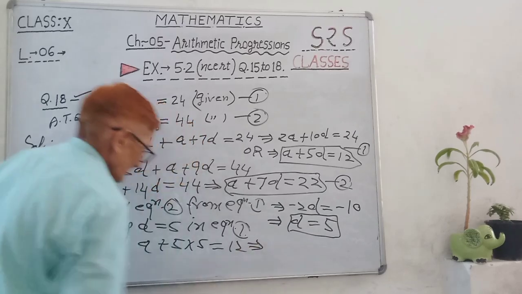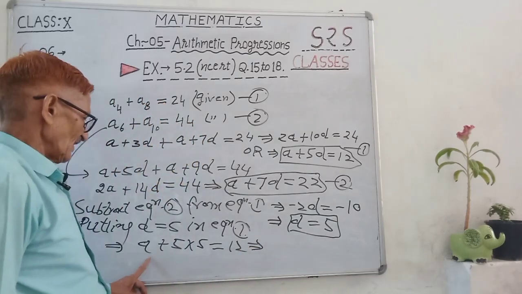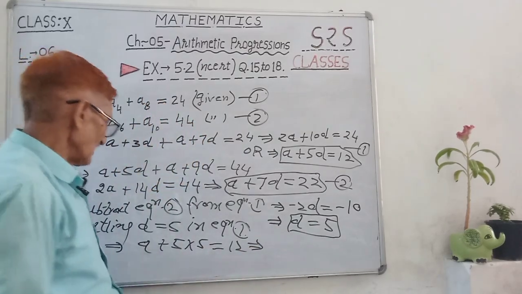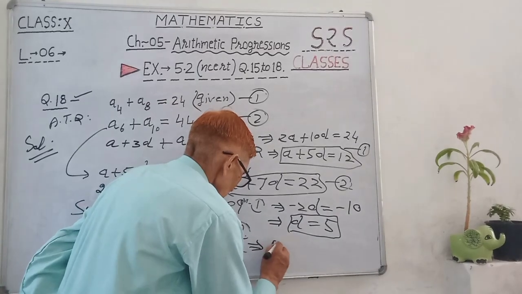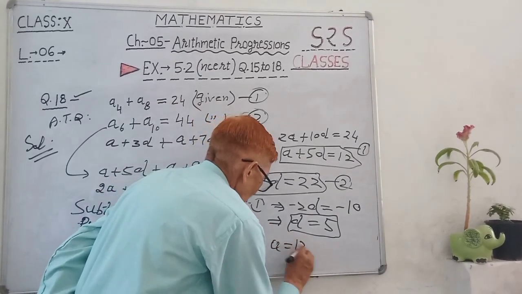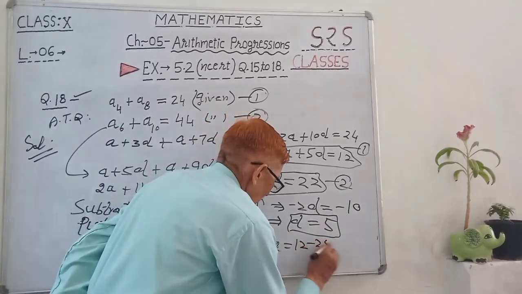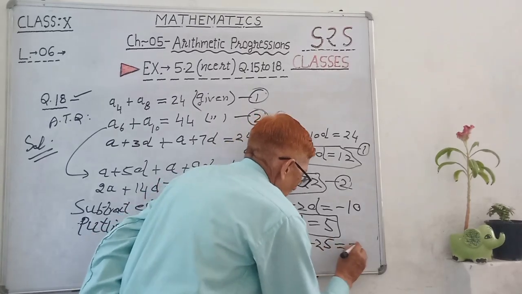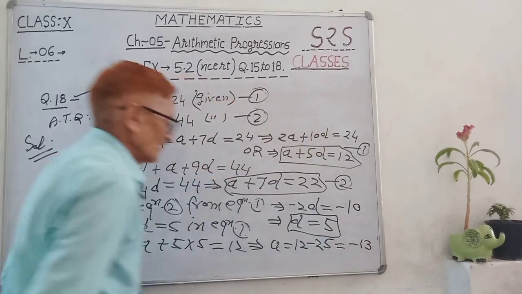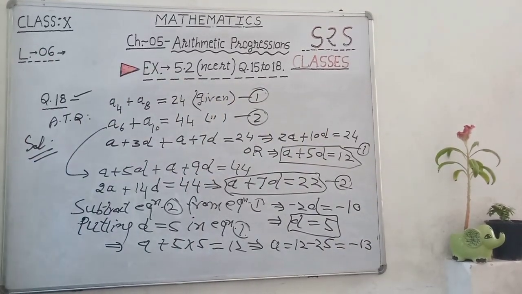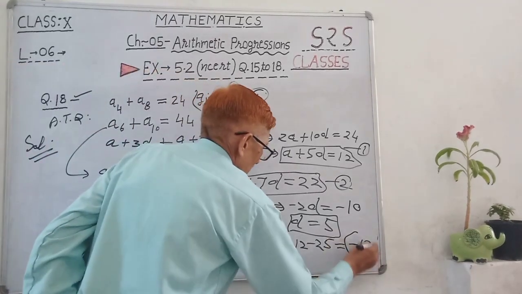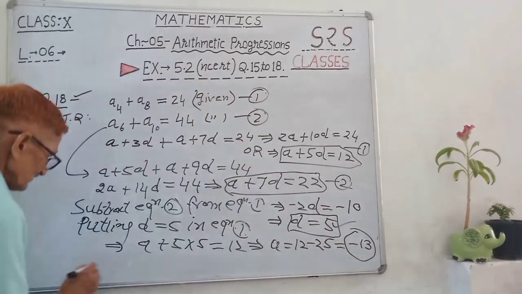Then simplify: 5 fives are 25, 12 minus 25, so A is equal to minus 13. So A is minus 13 and D is 5.